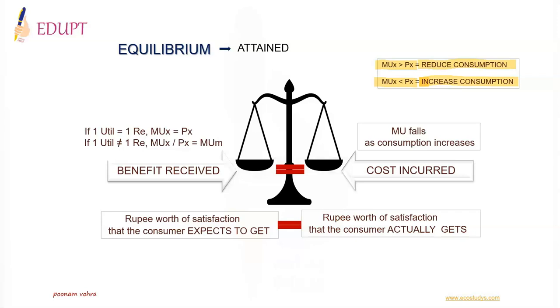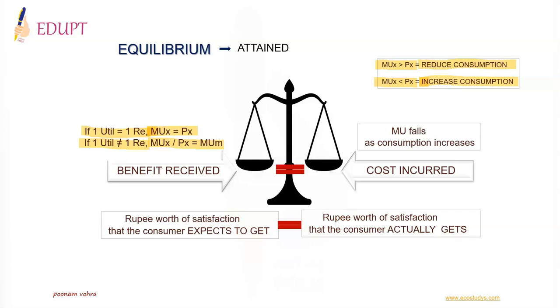1. That marginal utility of X should be equal to price of X if it is assumed that 1 util is equal to 1 rupee. That is, rupee worth of marginal utility actually received is exactly equal to the rupee worth of satisfaction as desired by the consumer. But if it is assumed that 1 util is not equal to 1 rupee, then marginal utility of money needs to be calculated and it has to equate marginal utility in util terms.